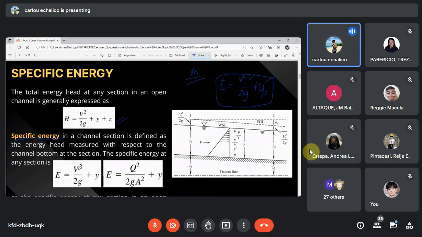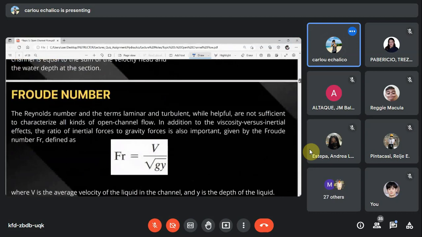Remember that discharge is just velocity times the area, so we can express this in terms of discharge, just Q over A. Okay? So, that is specific energy.